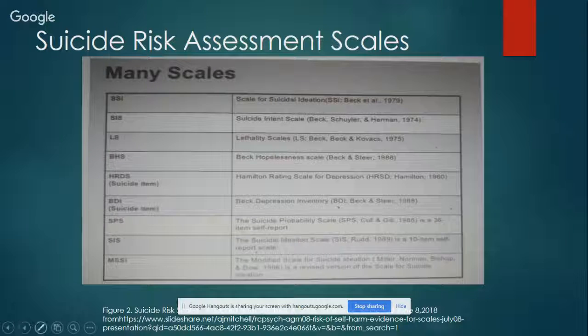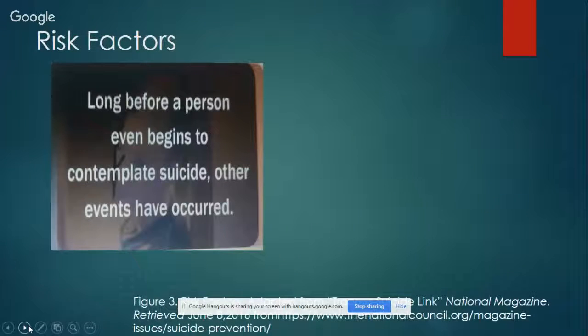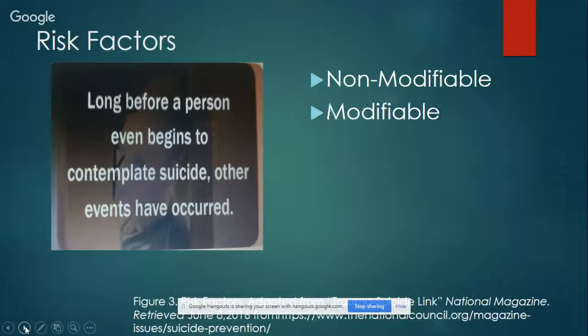These assessment tools may be used to evaluate the patient's intent to act by evaluating risk factors and warning signs. Risk factors are there long before a person even begins to contemplate suicide. Risk factors can be non-modifiable and modifiable.